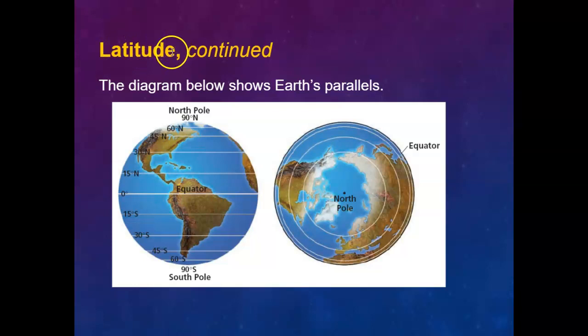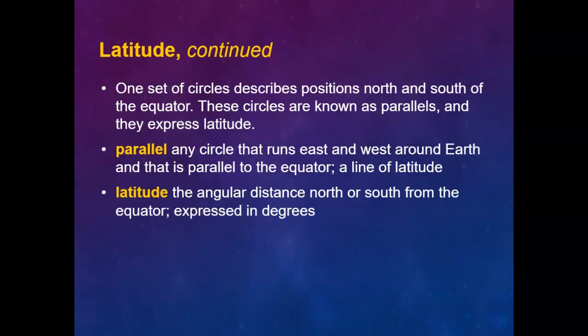You've probably heard these before. Latitude basically separates out the Earth and its equator from the Earth and its poles. And the different lines represent how far away from the equator you happen to be on any particular portion of the Earth.